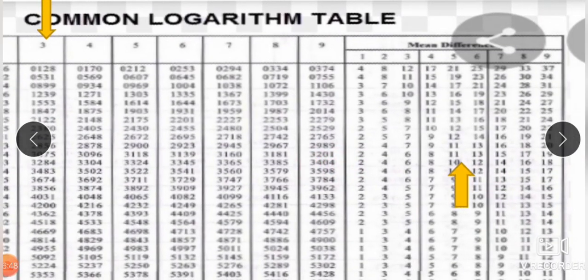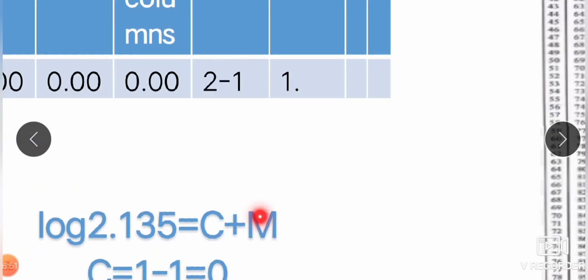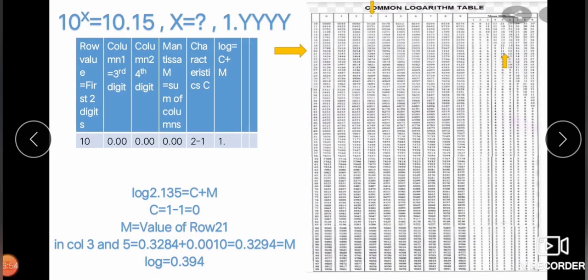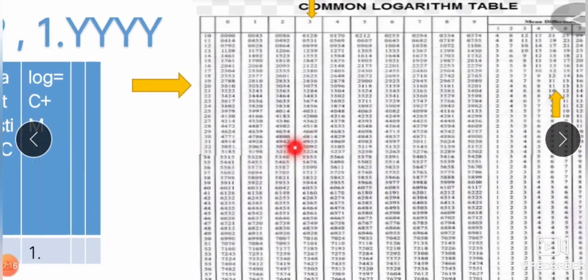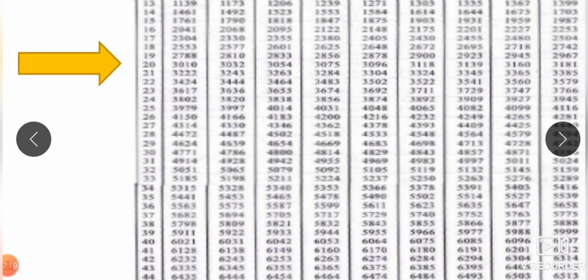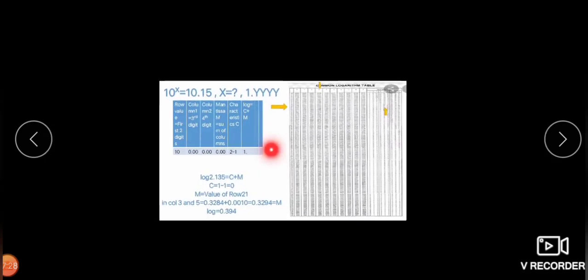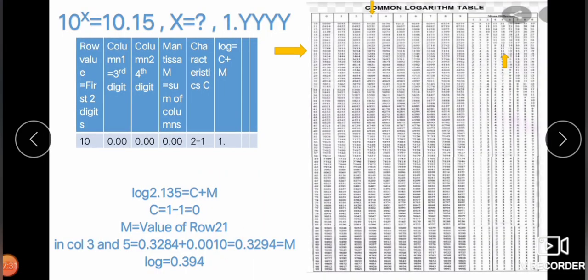under 5 there is 10. Add these two values and we get here 0.3284 plus 0.0010 is equal to 0.3294. Again see 0.3284 plus this is 0.0010.